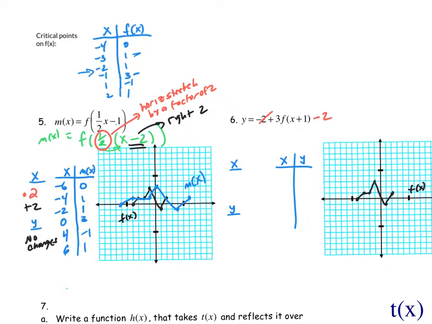That -2 is a shift of y down 2. And the next thing that we're doing to y is the 3. The 3 is a vertical stretch by a factor of 3, which means we're going to multiply y by 3. And I didn't write this down too.